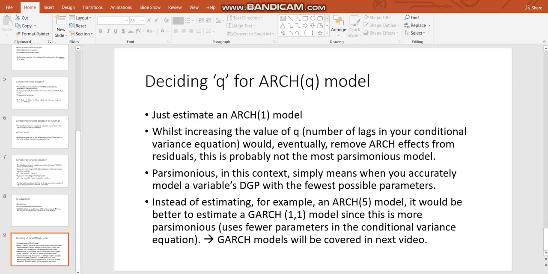Whereas if you're estimating a Garch 1-1 model, which will probably have at least the same explanatory power as the Arch model, but it will probably have more explanatory power actually, it will have fewer parameters in its conditional variance equation, and that will mean that your model is more parsimonious, and it's always good to have the most parsimonious model. The most parsimonious model is the model with the fewest parameters, but at the same time still has the same level of explanatory power. So just remember that.